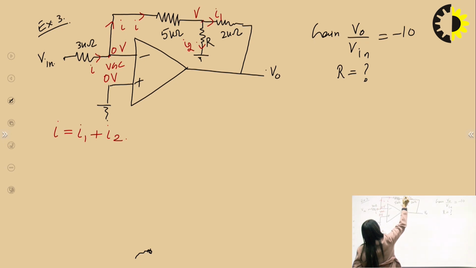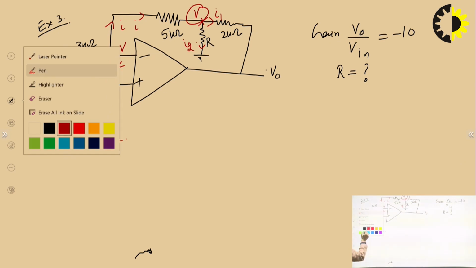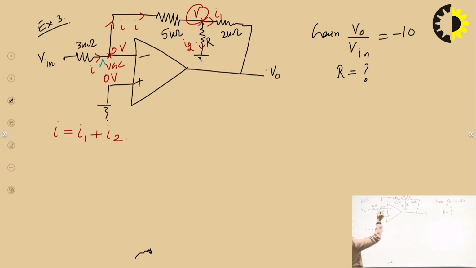So I will consider some voltage V at this particular point so that I can go for my KCL, right? First I will apply my KCL at this point A, and then at this point B.